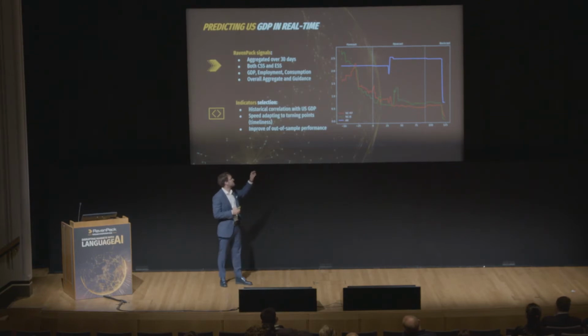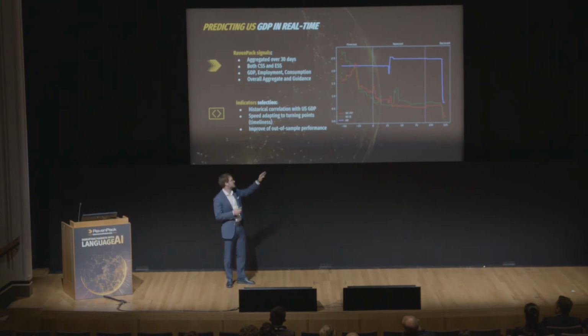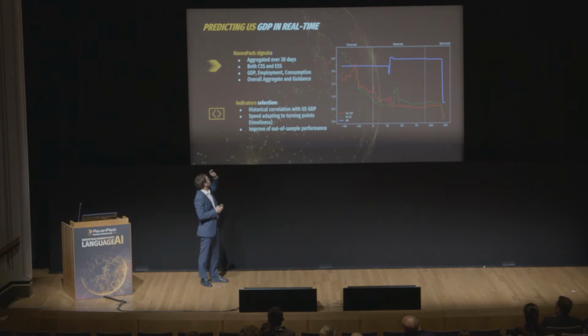So what we can notice is that in the forecasting period, the model that uses RavenPack Analytics outperforms the benchmark that doesn't. And then also in the second period of the nowcast, until the day before the release, it is actually more precise.